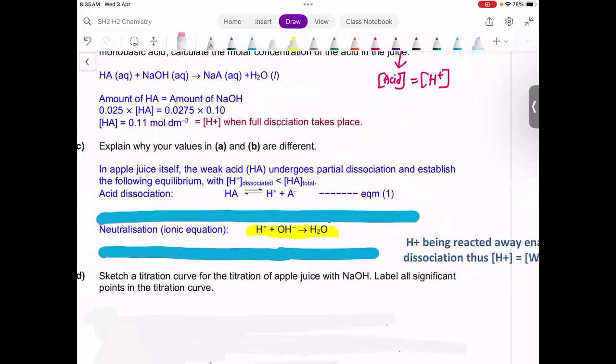Okay, so for part A, this is to account for the spontaneous dissociation of your weak acid. Then this is to discuss the disturbance. This is the cause of disturbance. So because of this disturbance, H+ is being reacted away.